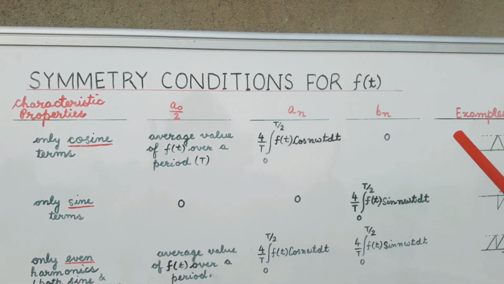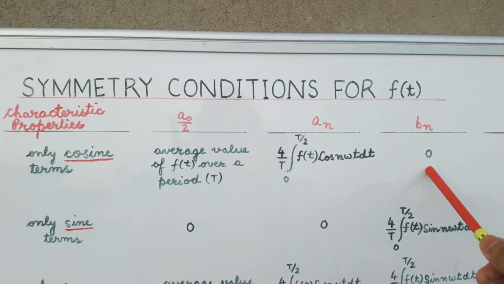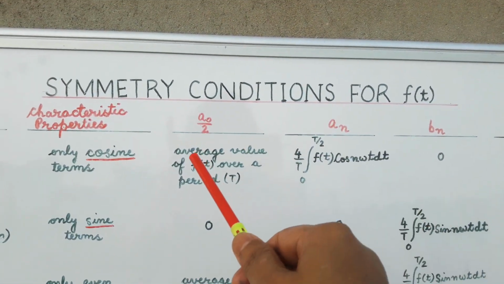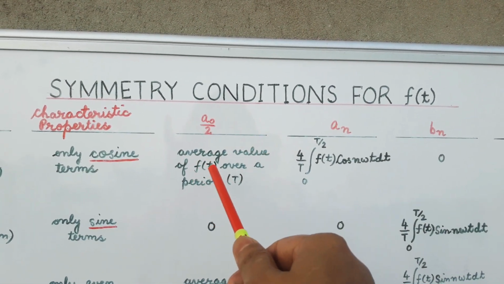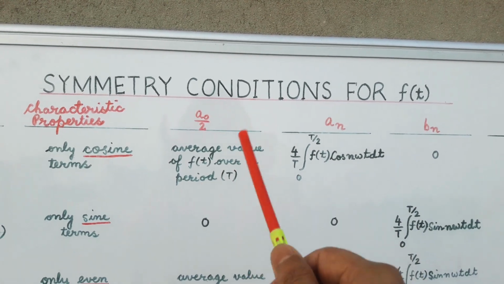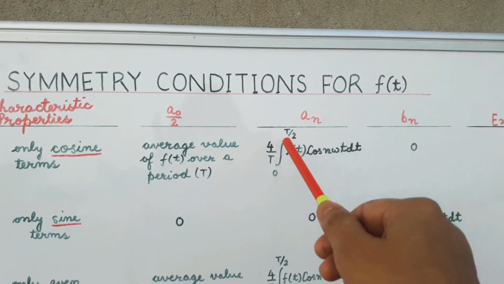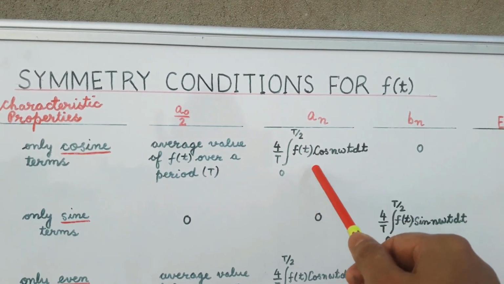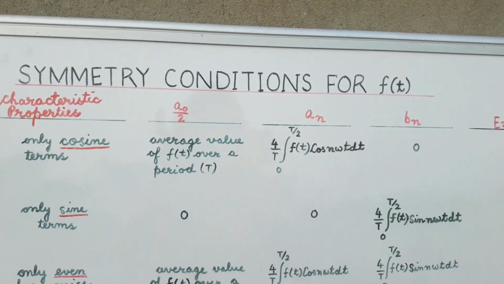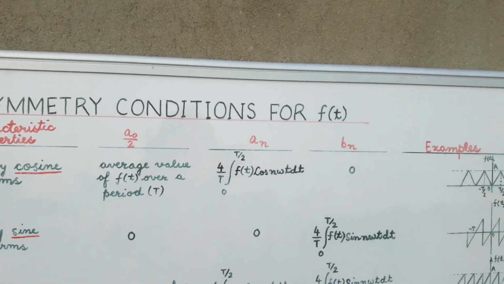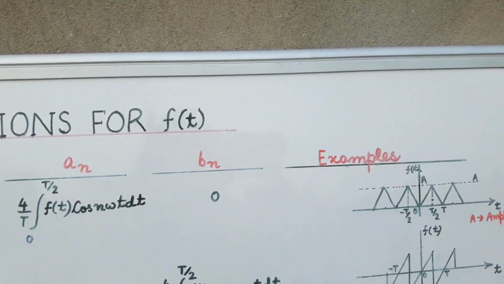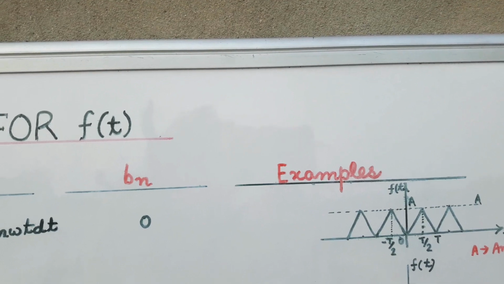So, the value of bn will be equal to 0 and the value of a0 by 2 will be equal to the average value of the function over a period T. The value of an will be equal to 4 by T integration 0 to T by 2 of f(t) cos n omega t dt. And an example of this type of function is as shown in figure 1.